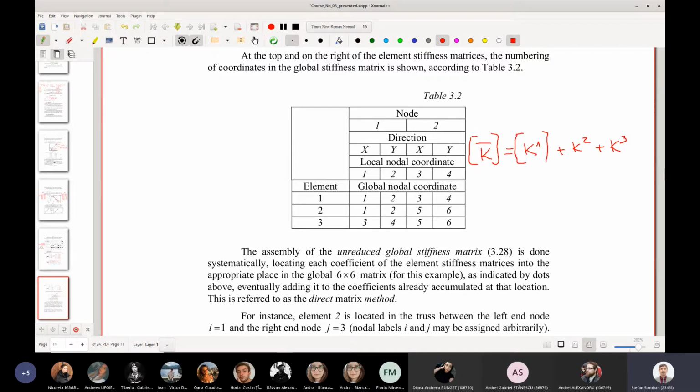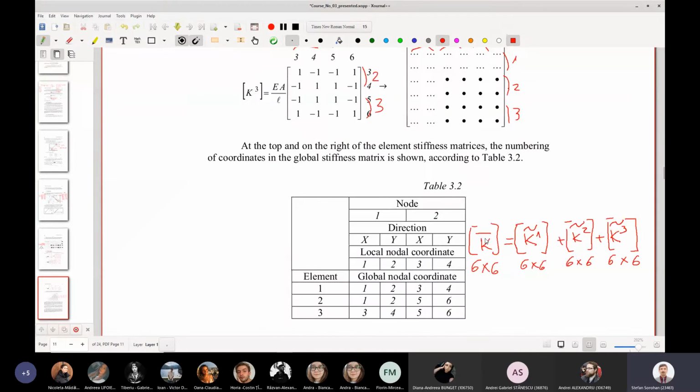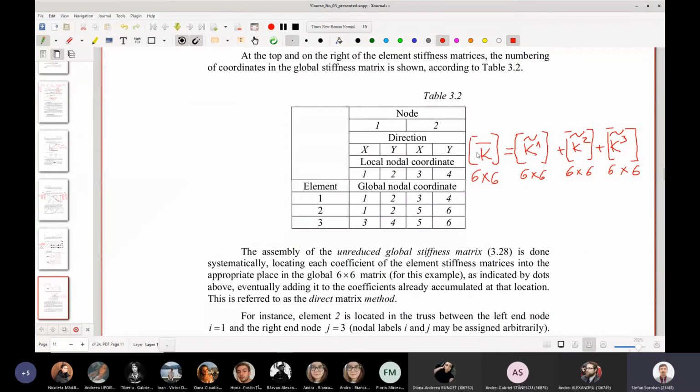But to be able to add them, because this one is 6 by 6, all of these must be 6 by 6. We cannot add matrices of different sizes, but we can obtain this as a sum of expanded matrices. Sometimes in this book, this expanded matrix contains some zeros and also some nonzero points. And we can obtain this one.